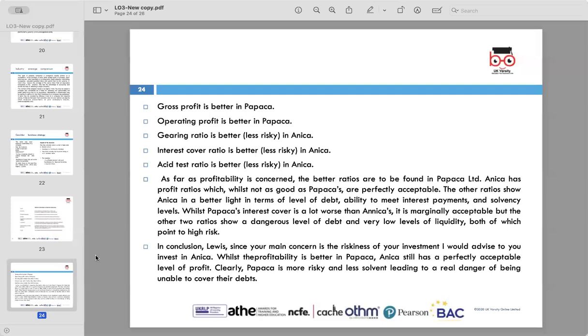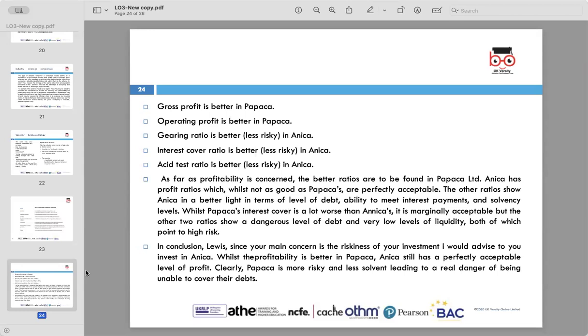Comparative analysis of financial ratios. A comparative analysis of financial ratios involves evaluating the performance and financial health of two companies, PEPCA Limited and Anika, based on their financial statements.